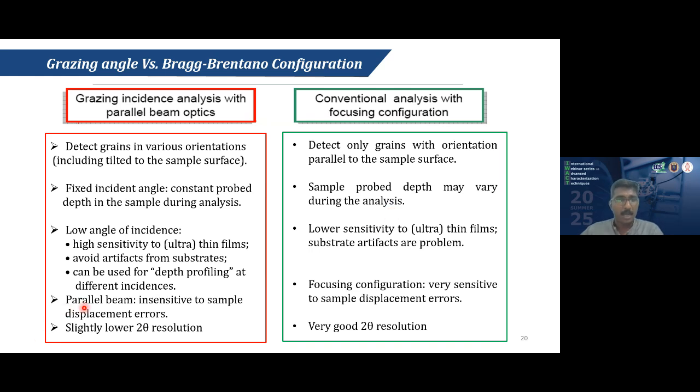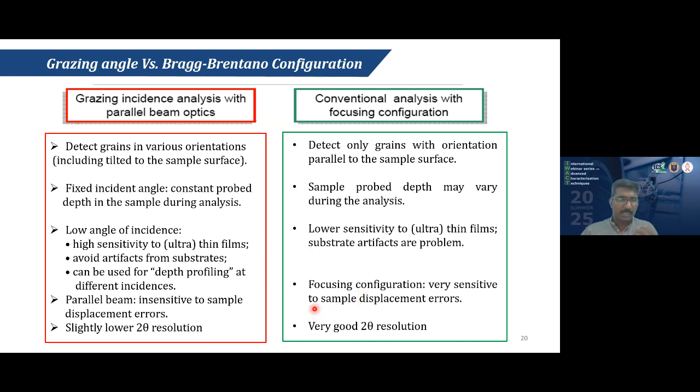Since we use a parallel beam geometry in grazing incidence, it is insensitive to sample displacement errors, whereas normal XRD is highly sensitive to sample displacement error. That is how we fix a sample.